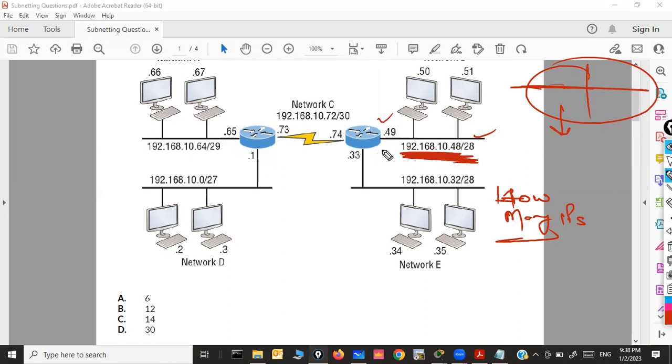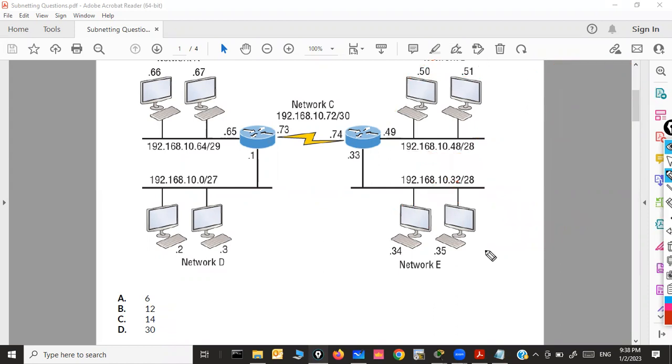One IP is assigned here, 49, another 50, and 51, and maybe some more. We need to find out how many IPs are in this network in total. Already I can see 3 IPs in use, 49, 50, 51. But in total, how many IPs? Is it 6, 12, 14, or 30?